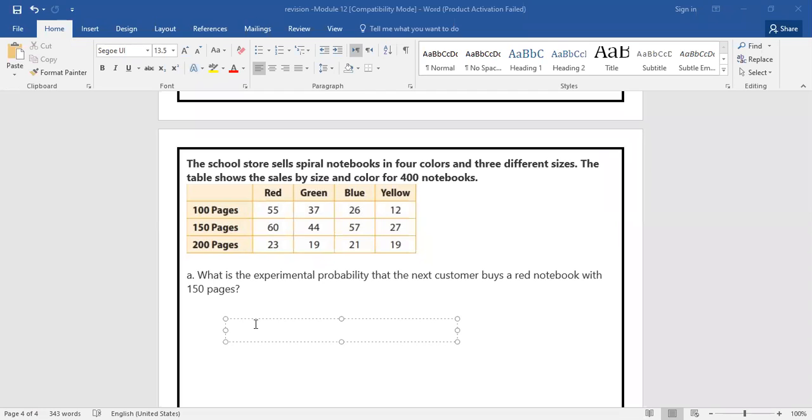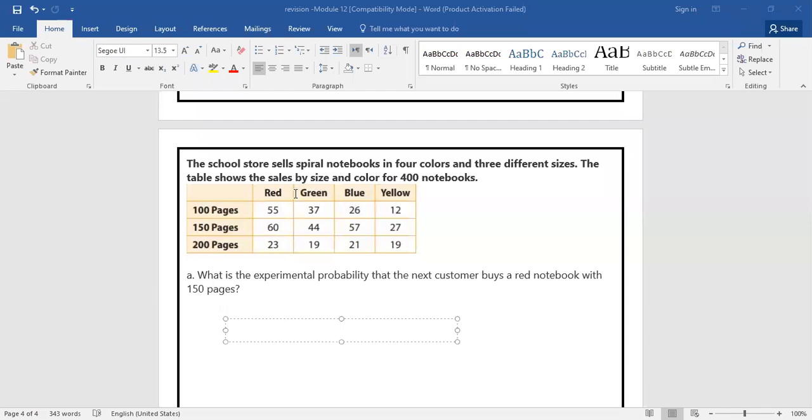What is the experimental probability that the next customer buys a red notebook with 150 pages? 60 and 400, and I will simplify. Okay, thank you. But I appreciate that you got the answer directly.